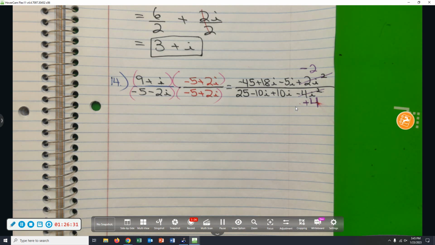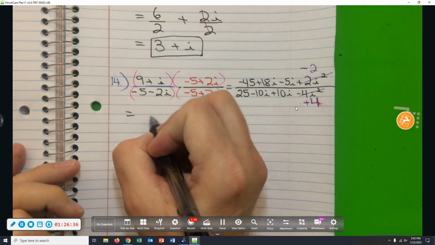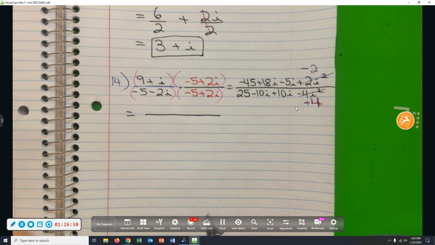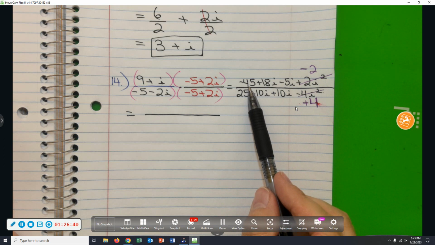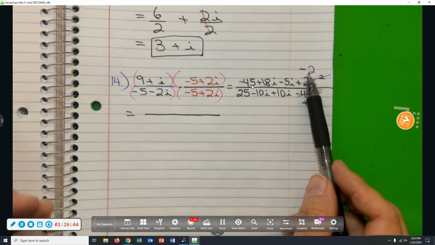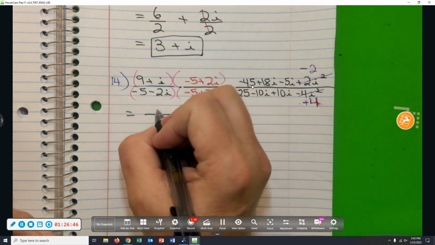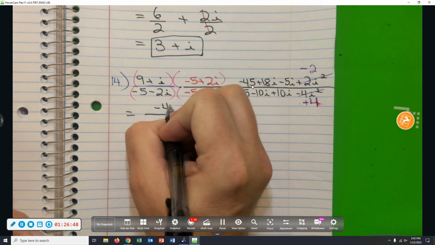Let's simplify the numerator now. What am I going to combine the negative 45 with? Negative 45 minus 2 is going to give me negative 47.